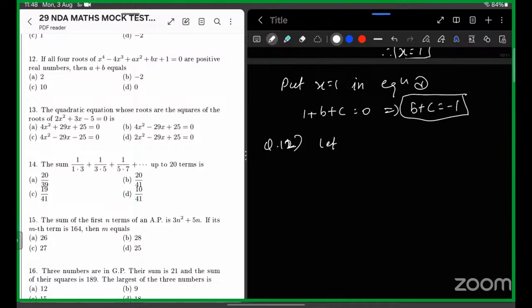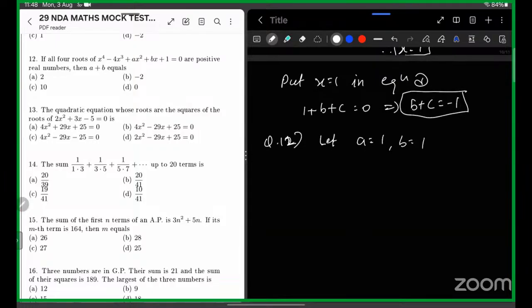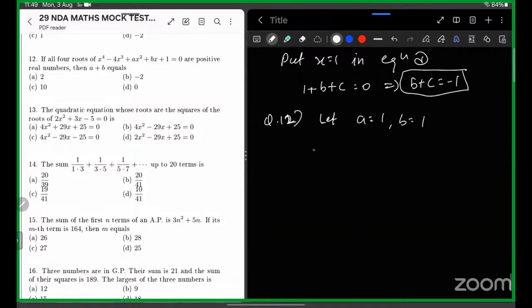If I put the value of x equal to 1, I will be getting what? The positive real numbers they are saying, no? If I take a equal to 1 and b equal to 1, so it becomes what? No, I mean to say, let x equal to 1 be one of the roots.